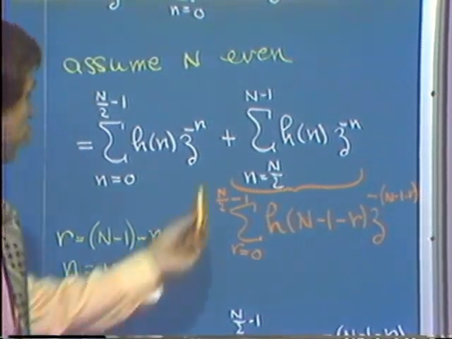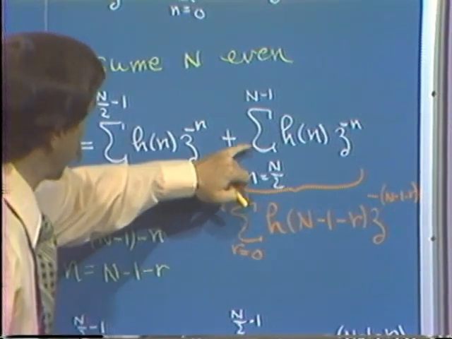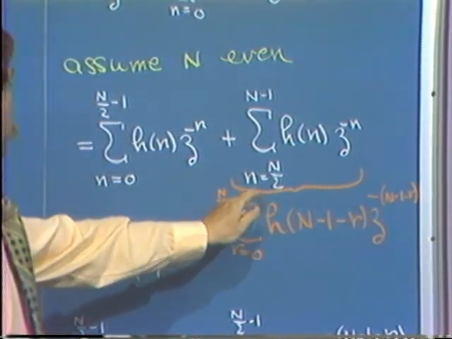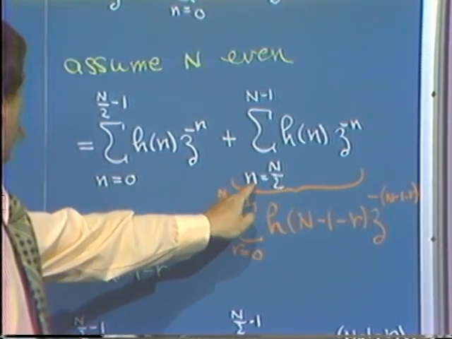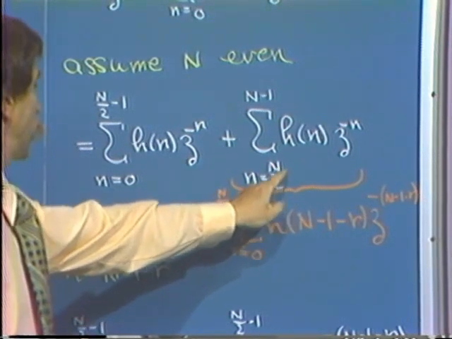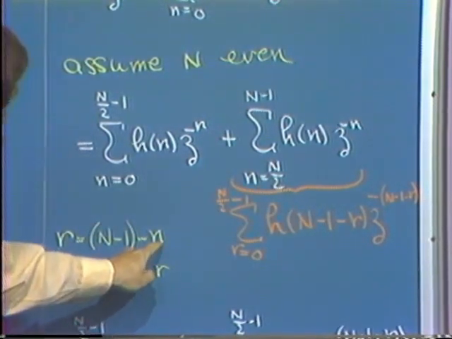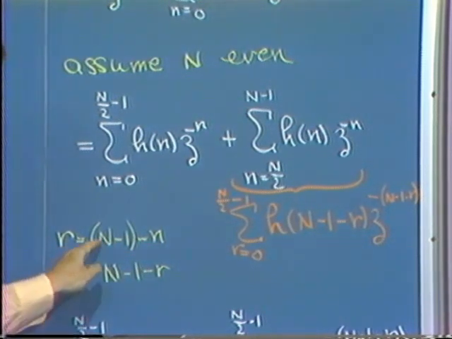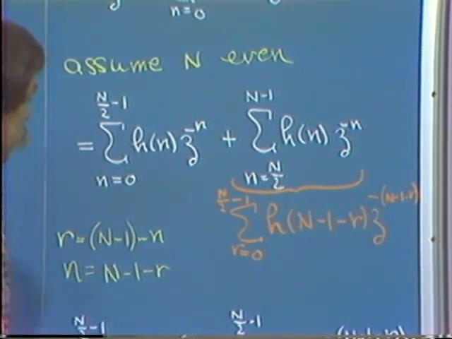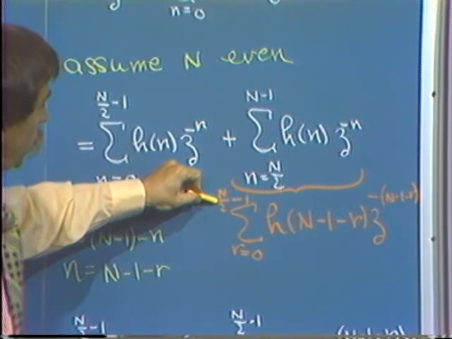If we do that, then changing this to a summation on r, where little n equal to capital N over 2, r is equal to capital N over 2 minus 1, as I've indicated here.